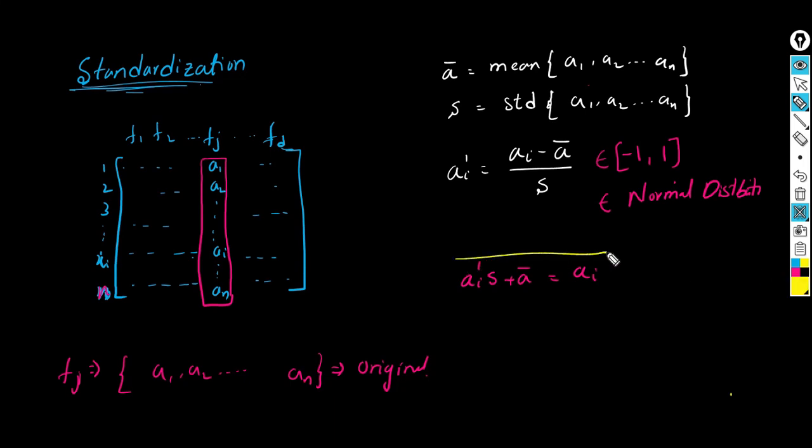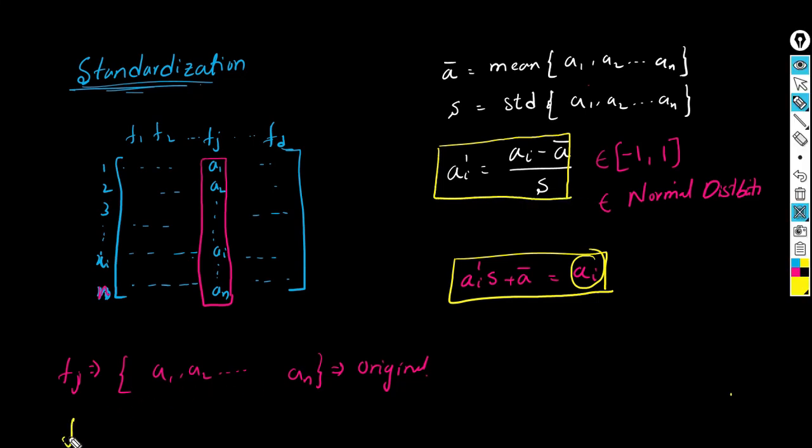By doing the inverse standardization, we get the original value. By doing standardization, we get values from -1 to 1, the feature values a1 bar, a2 bar, up to an bar.